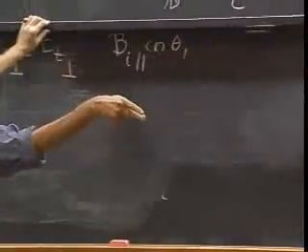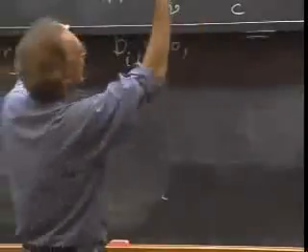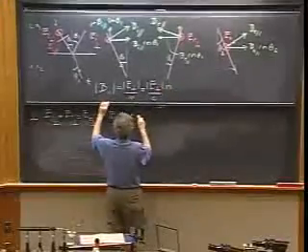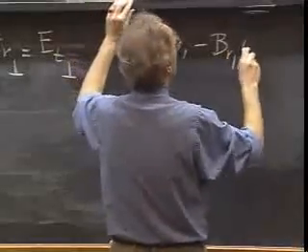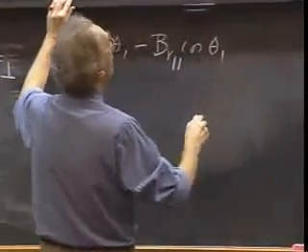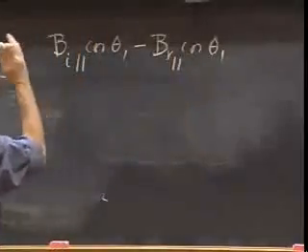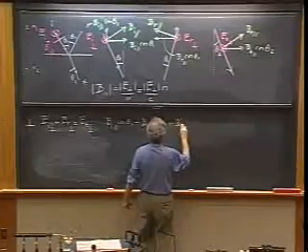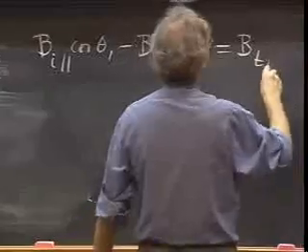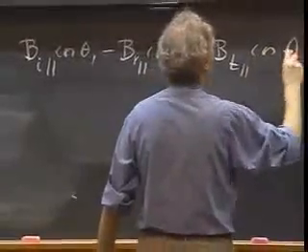That's in this direction. Then I have to subtract this one, because it's in the opposite direction, minus B of R parallel times the cosine of theta 1. That is on one side, plus and minus, must now be the same as B transmitted parallel times the cosine of theta 2.